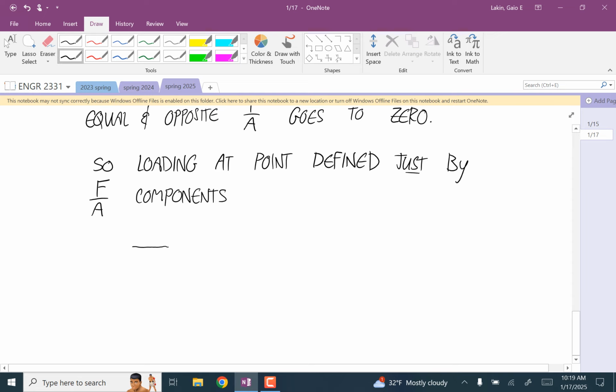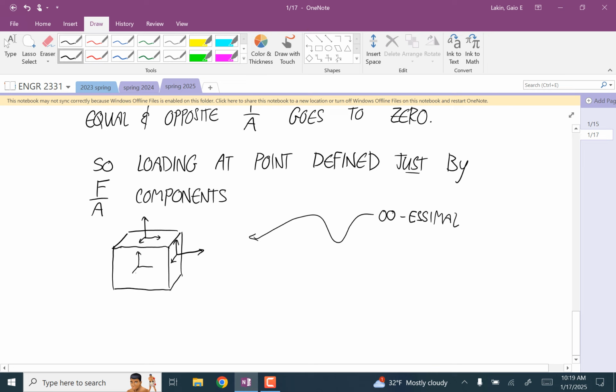Okay, so now we have this infinitesimal cube. I'm still going to draw it big enough to see details. So now the loads that we're worried about on this look like this, this, this, this, on all those faces.